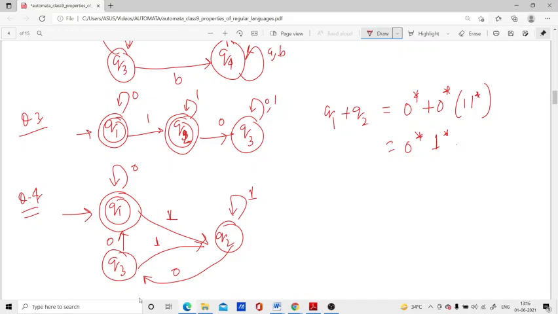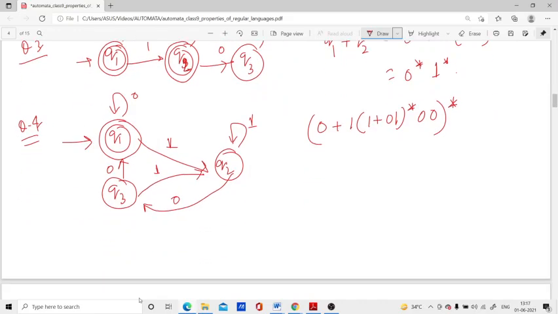So that is the case, and I think you apply the regular expressions and this is the corresponding answer. You will check whether you will reach it or not.